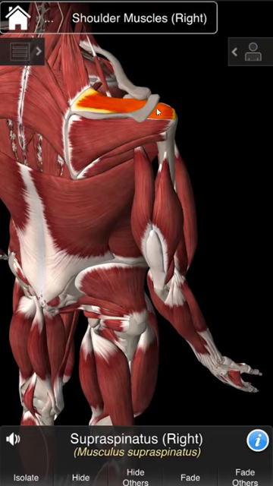Because it runs directly underneath the acromion here, it's one that tends to get impinged or crushed between the humeral head and the acromion, so it tends to fray as we get older and we lose some of our scapular motion. So it'll fray and tear. So if you know somebody that's had a rotator cuff repair, most of the time that's a supraspinatus tear that's been repaired. The second most commonly torn is our next muscle, which is infraspinatus, which is down here.